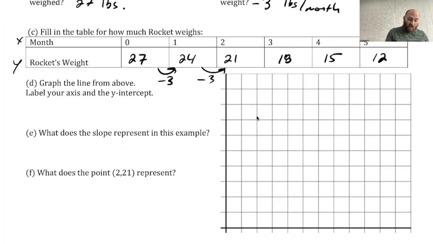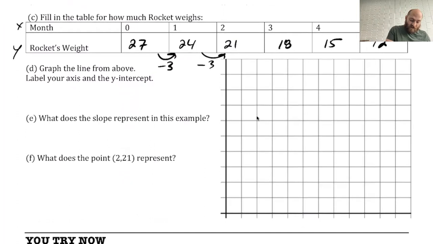So again, we're going to start with labeling. X is month, so I'll just say months on here. And then this is weight in pounds. For months, we'll start at 0 and count by ones. Then we have to go up to 27.